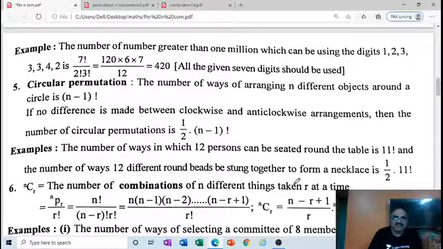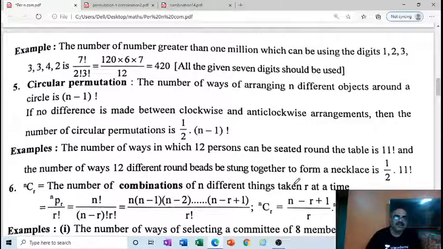I have an example for that. The number greater than 1 million, which can be formed using the digits 1, 2, 3, 3, 3, 4, 2. Look at the numbers that are being said over there: 1, 2, 3, 3, 3, 4 and 2.